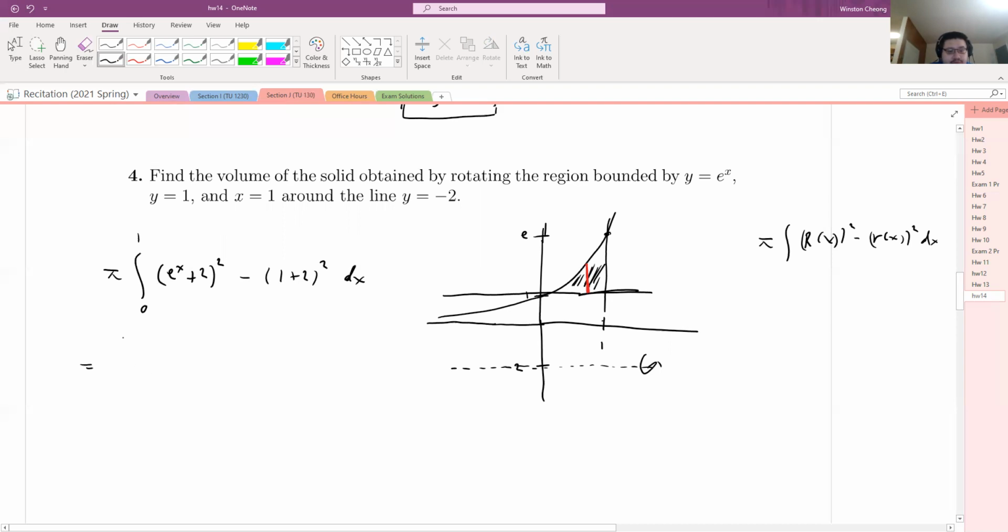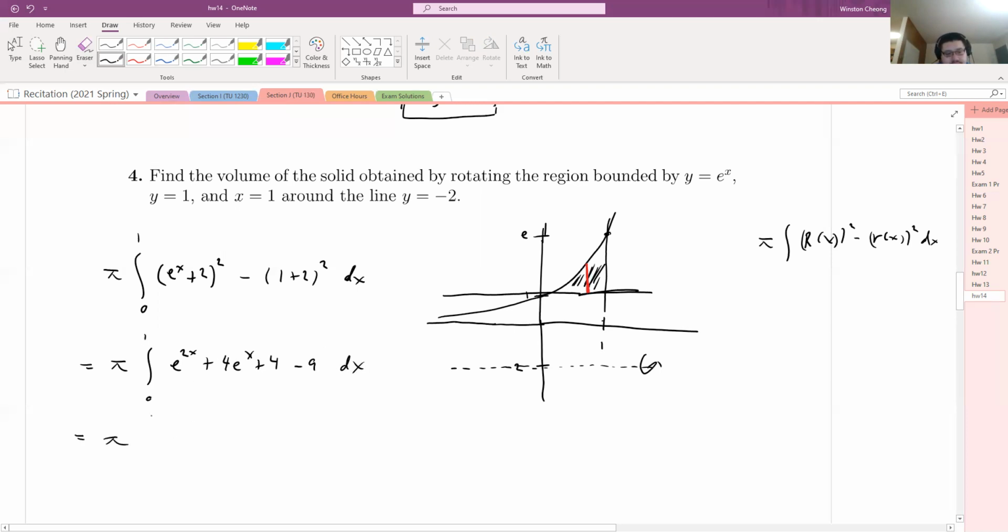All right, and so we can go ahead and calculate this. Let's expand out the inside. e to the x squared can be rewritten as e to the 2x. That's just an exponent property. And then you would have 4e to the x plus 4 minus 3 squared, which is 9, dx.